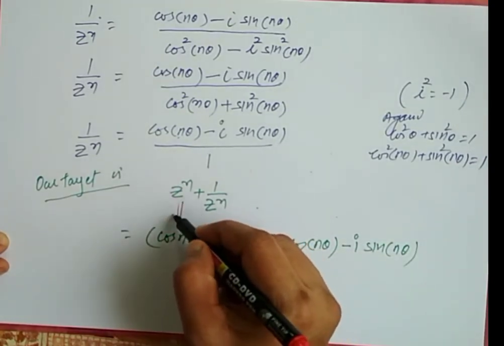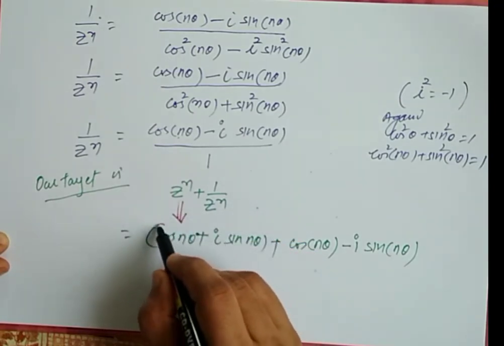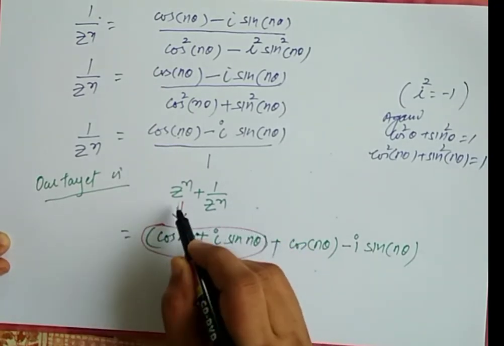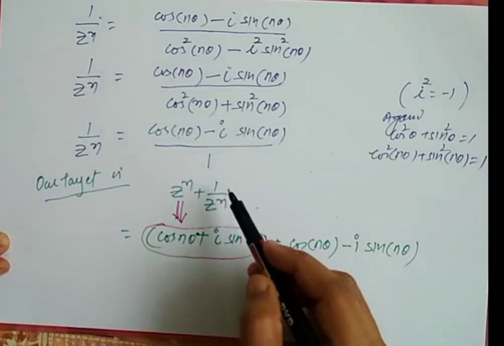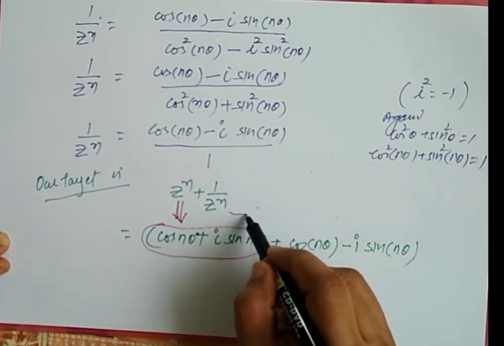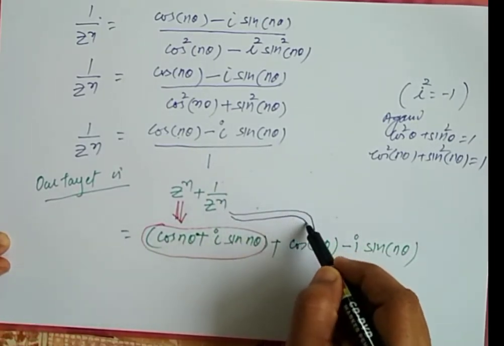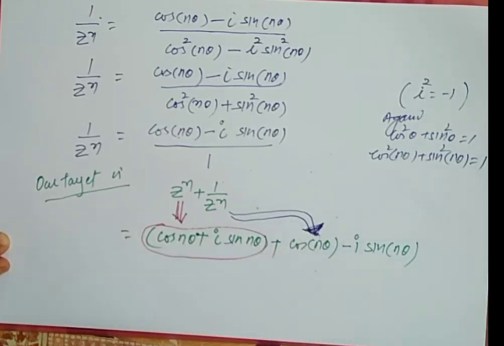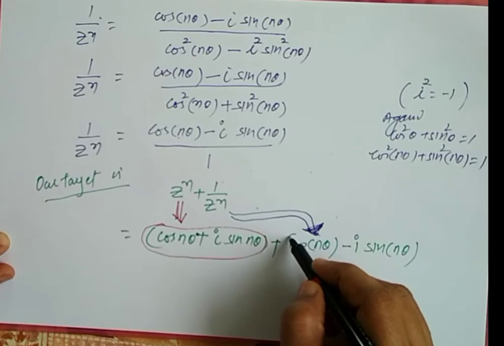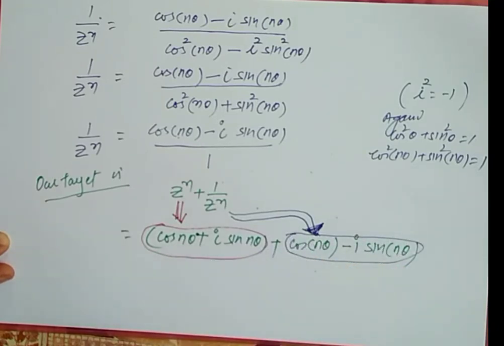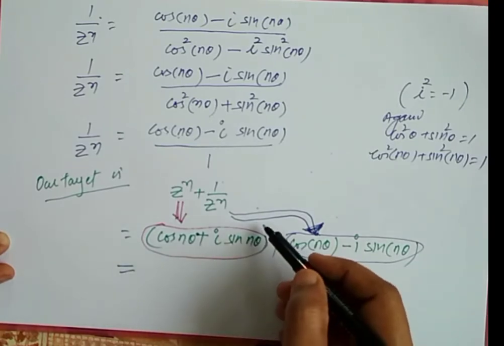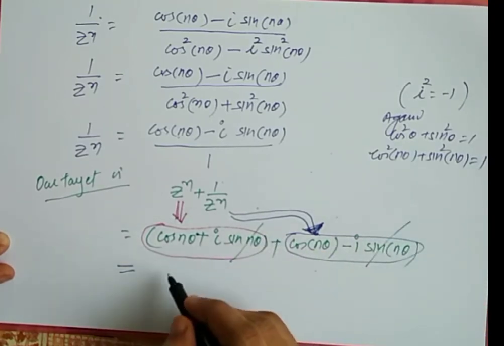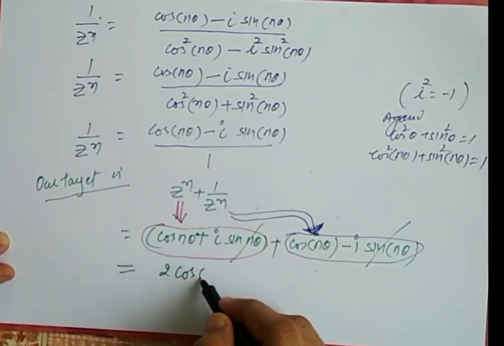This is the value of z raised to power n, and 1 upon z raised to power n has this value. Let us put it in one bracket. Now when we add, this and this will cancel out, so this becomes 2 cos of n theta.